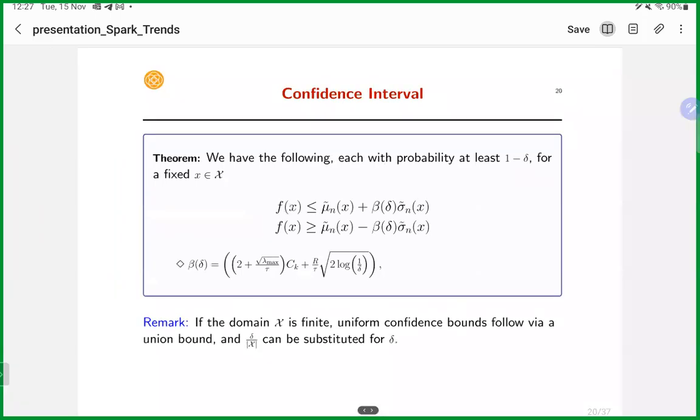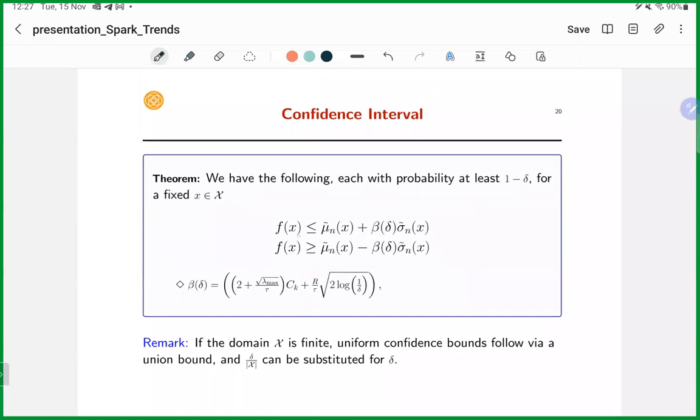So basically, the difference between f, the true function, and the prediction, which is the sparse approximate prediction rather than the true prediction, is upper bounded by a factor of the standard deviation, which is again a sparse approximate standard deviation.